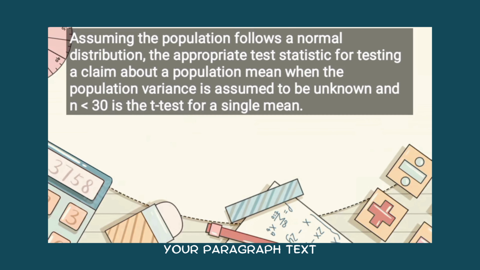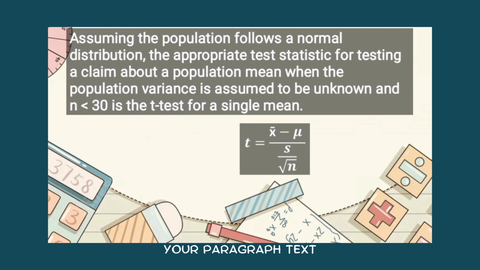So now, assuming that the population follows a normal distribution, the appropriate test statistic for testing a claim about the population mean when the population variance is assumed to be unknown and n is less than 30 is a t-test for a single mean. So this is the formula to be used.